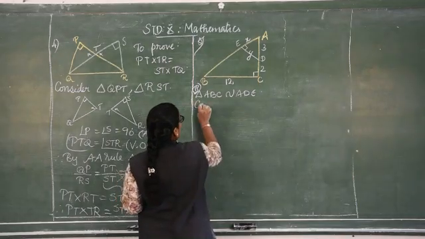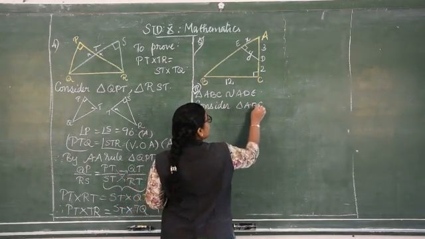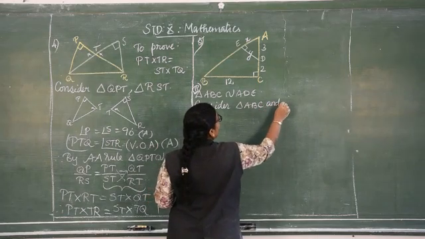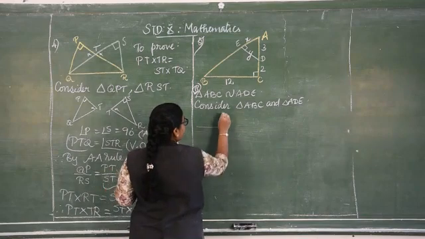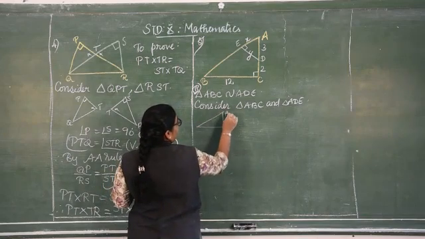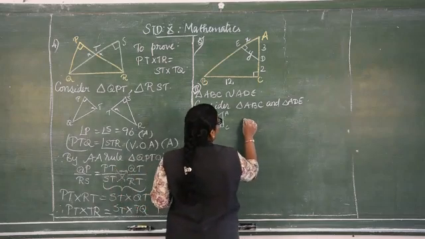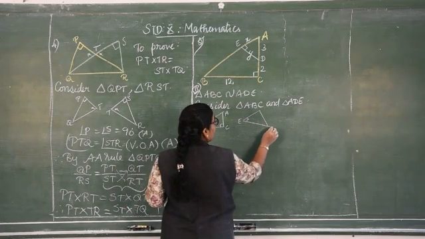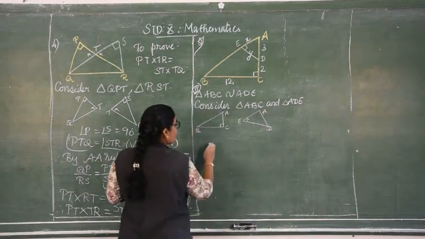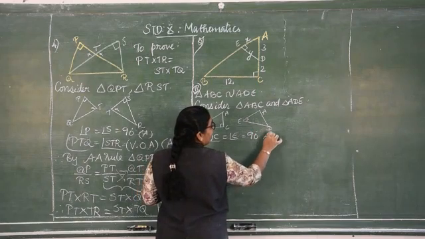So consider triangle ABC and triangle ADE. I am drawing separately. This is A, this is C, this is B, 90 degrees, and this is 90 degrees at E. So measure of angle C is equal to measure of angle E is equal to 90 degrees.